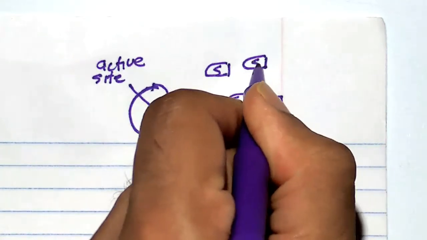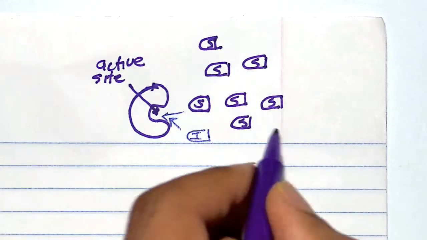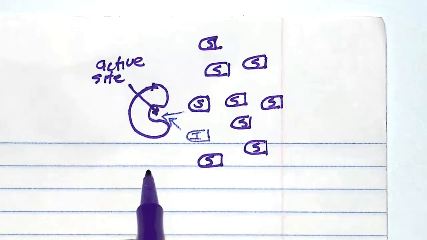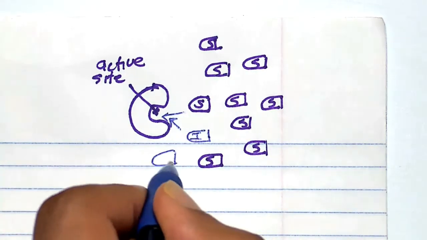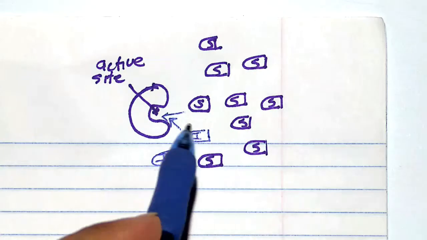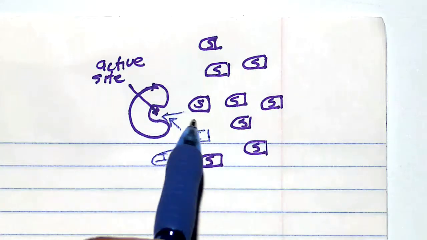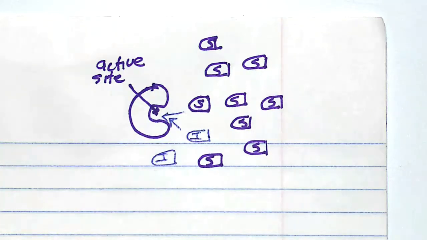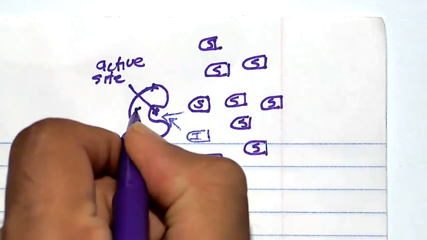You add more substrate molecules, and just by sheer Brownian diffusion, you dilute out this inhibitor. Even though the inhibitor has the same shape, lock and key, or induced fit, the same overall 3-dimensional shape to go to the enzyme's active site.